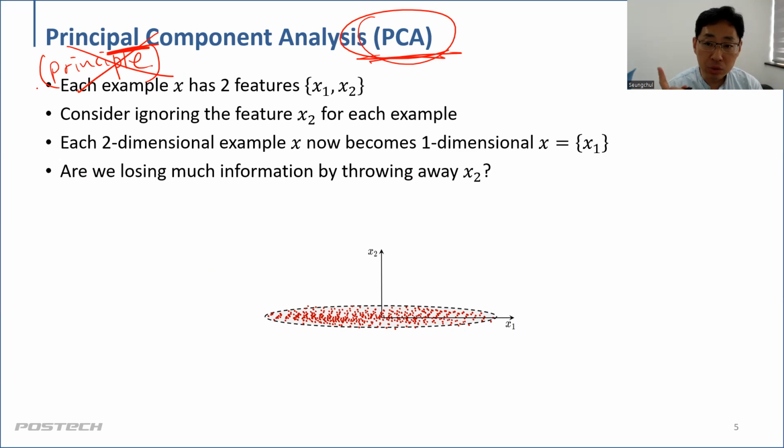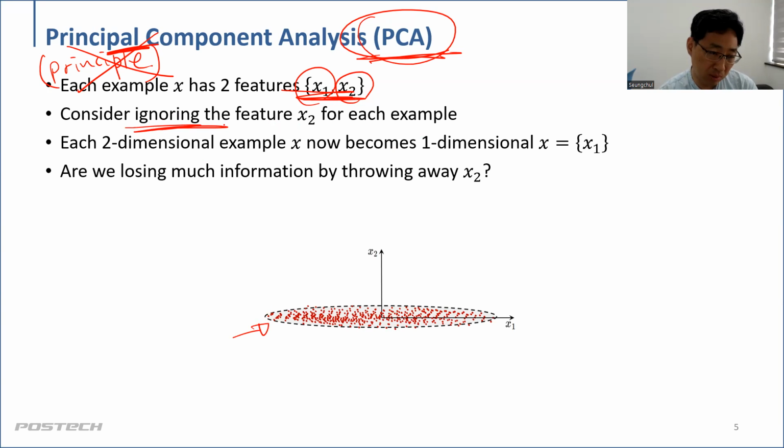In order to explain what PCA is, let's think about an example. Suppose you have only two features, x of 1 and x of 2, and we plot them. We will get this kind of data distribution.